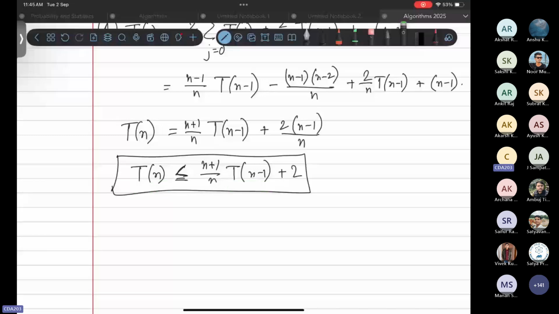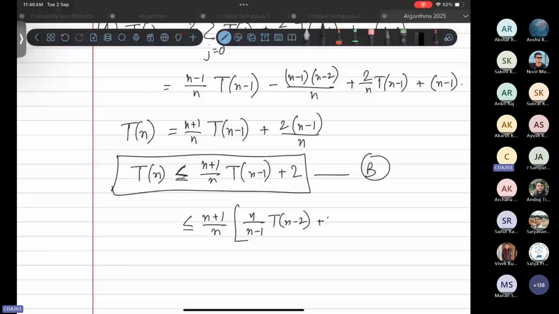So I'll do the replacement operation that we did earlier. Right? So now I can replace Tn minus 1 with this same equation, let's say I call it P. I'll replace Tn minus 1 with the same equation. So if I replace it, this will be something like n by n minus 1, Tn minus 2 plus a 2.